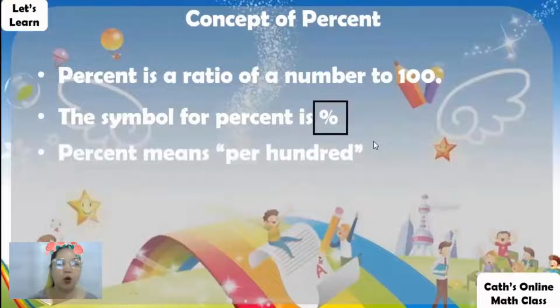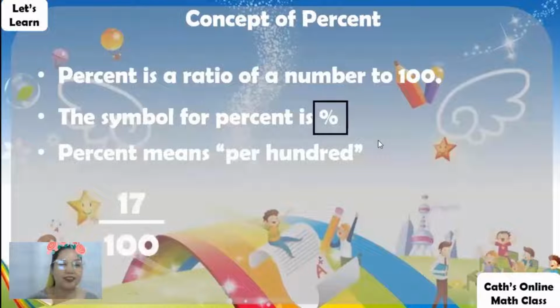Next, what does percent mean? Percent means per 100. That's why when we convert this into a ratio, it always has 100 on the other side. Let's take a look at this example: 17 is to 100, or 17%. These are examples of how to analyze the percent.